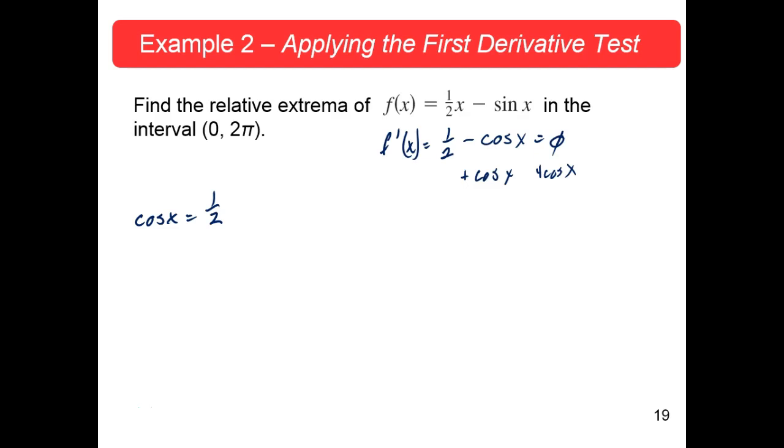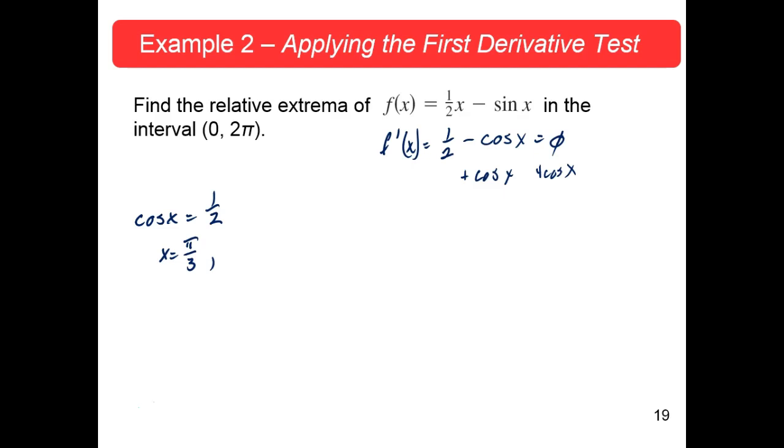But anyway, back to cosine x equal to 1/2, somewhere on the interval 0 to 2 pi. That's pi over 3. Pi over 3 is one place, it certainly is. So x is equal to pi thirds. Is there any other place? I try to go all the way around.